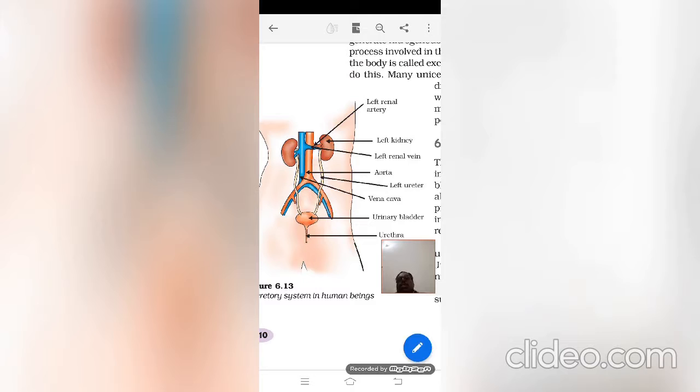Those things are supplied by the blood, and the same blood undergoes the process of excretion. You must understand that whenever we talk about excretion, the plasma part of the blood goes for excretion, not all of it.